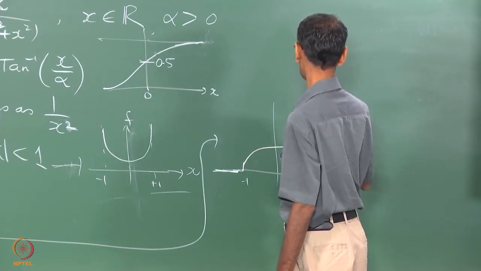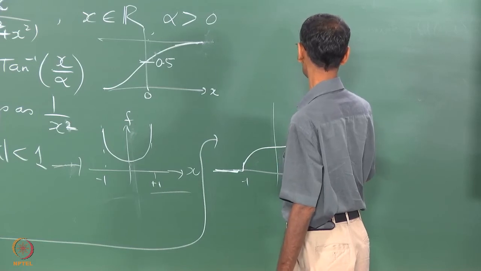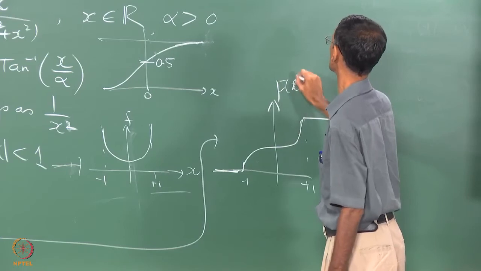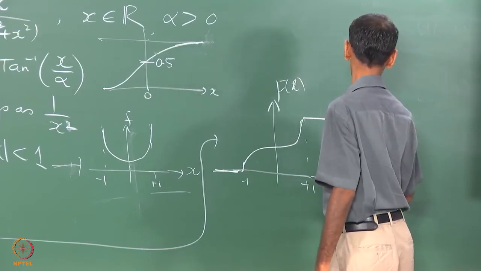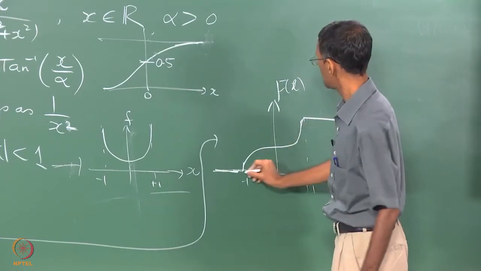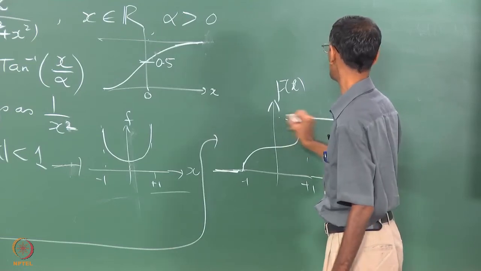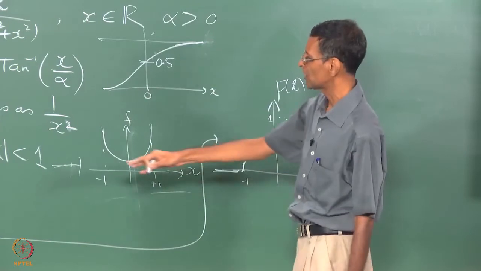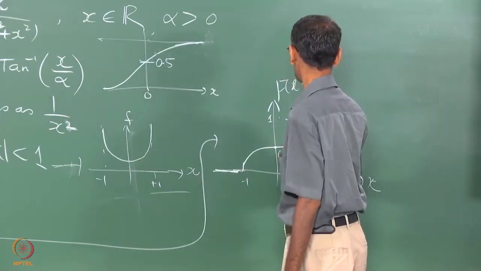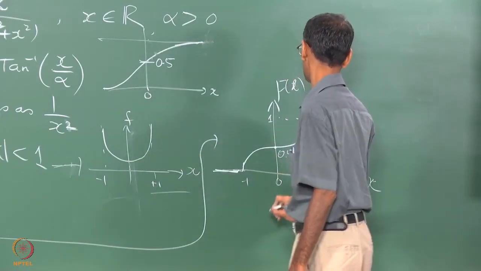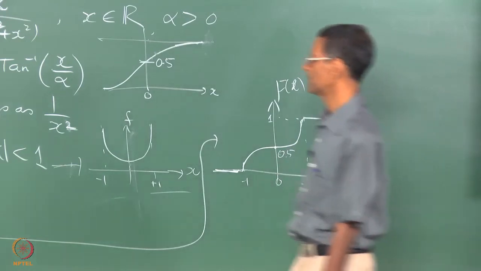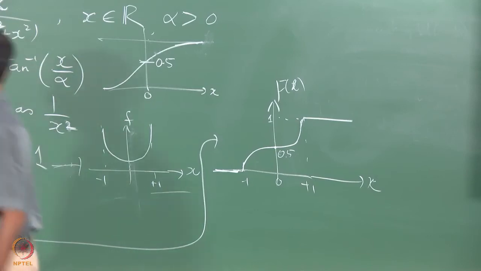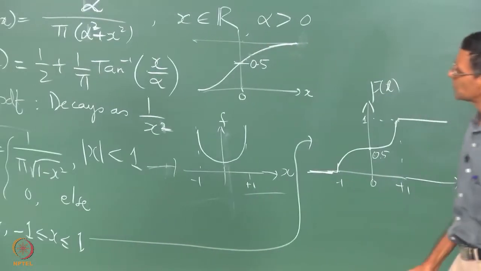It ends at plus 1 also, it ends vertically. So this value is unity. Again, as with all these, the symmetry about the origin says that the value at 0 is 0.5. If I put x equal to 0, note this is sine inverse x here, so obviously I get 0.5.